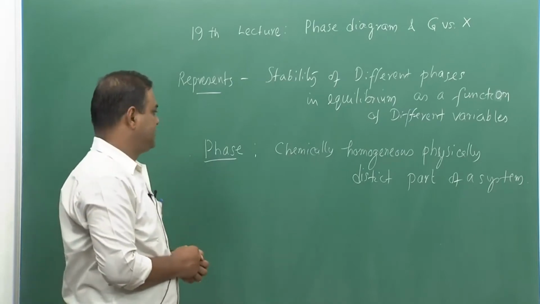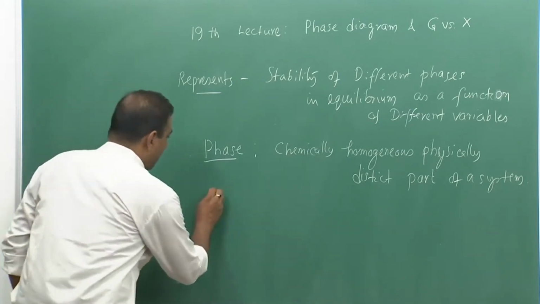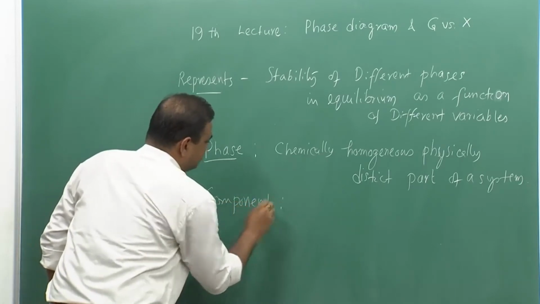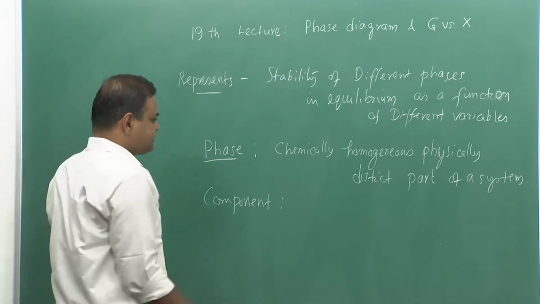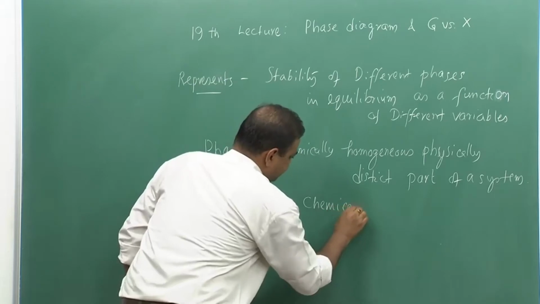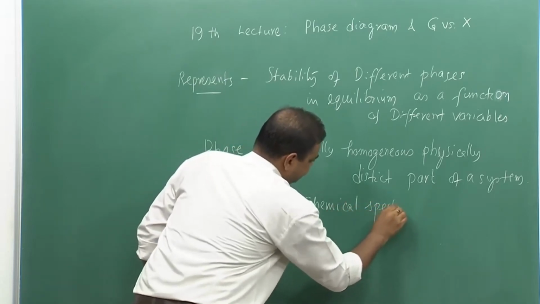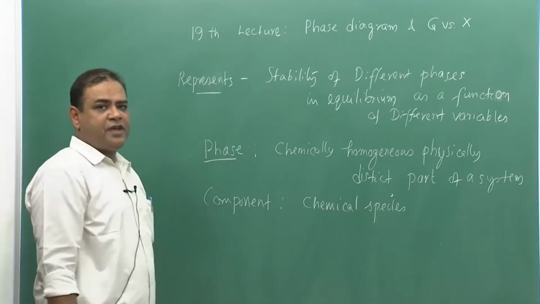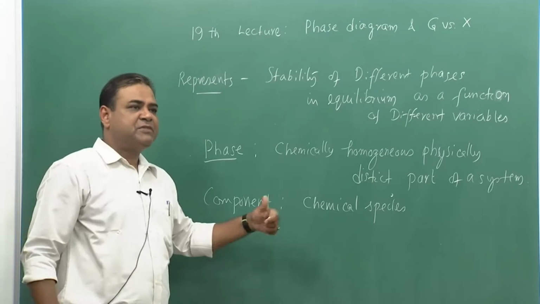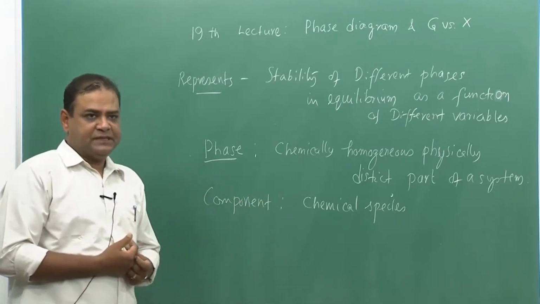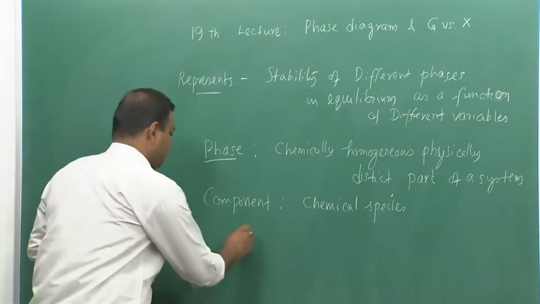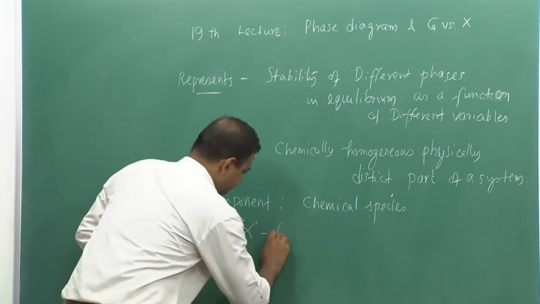Now, then we have to see the components. Component, they are chemical species, of course. Chemical species constituting the system, but these chemical species, they must be independent species. That means, for example, if we consider a phase like alpha phase in case of iron, which is ferrite.